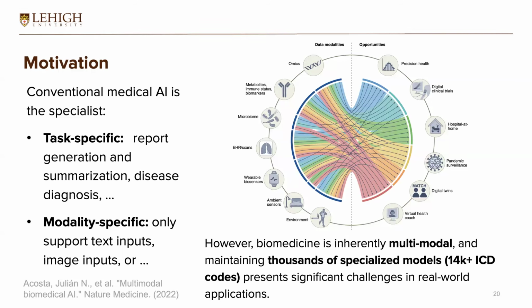The first step is we collect lots of data from different tasks, trying to replace the thousands of specialist models which have been built for various kinds of medical tasks.